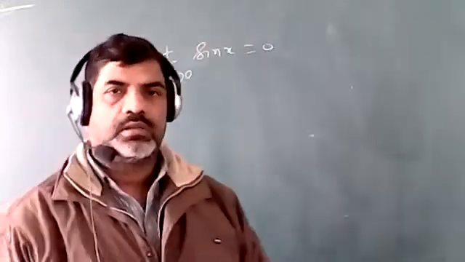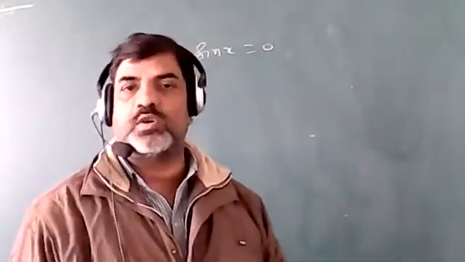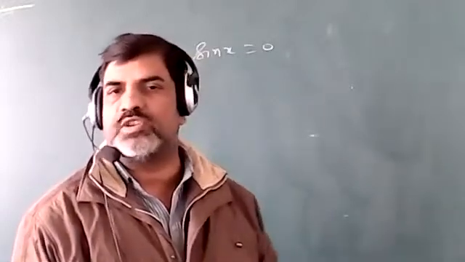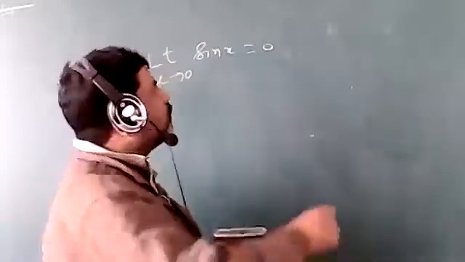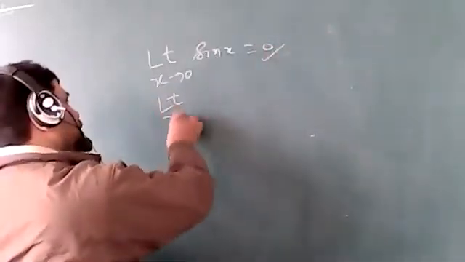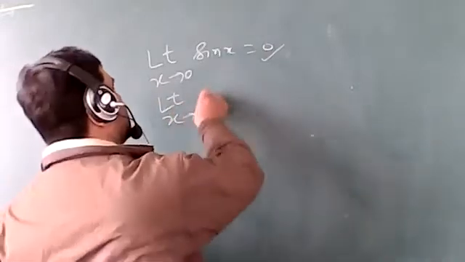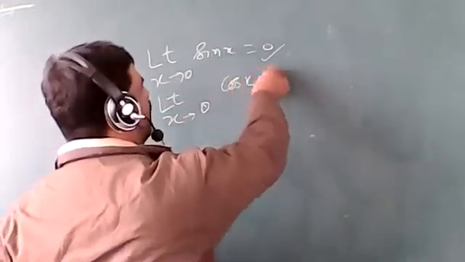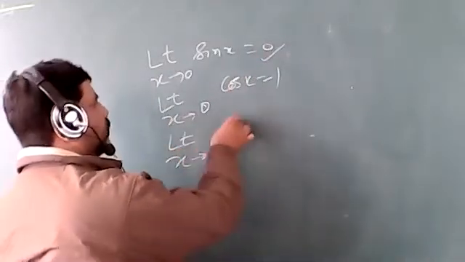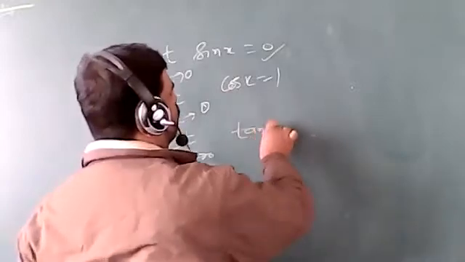Whether the value is slightly more than 0 or less than 0, if x is tending to 0, then the value of sin 0 is 0 itself. So this will give the result 0. Similarly, limit x tending to 0 of cos x comes to 1, and limit x tending to 0 of tan x will be 0.